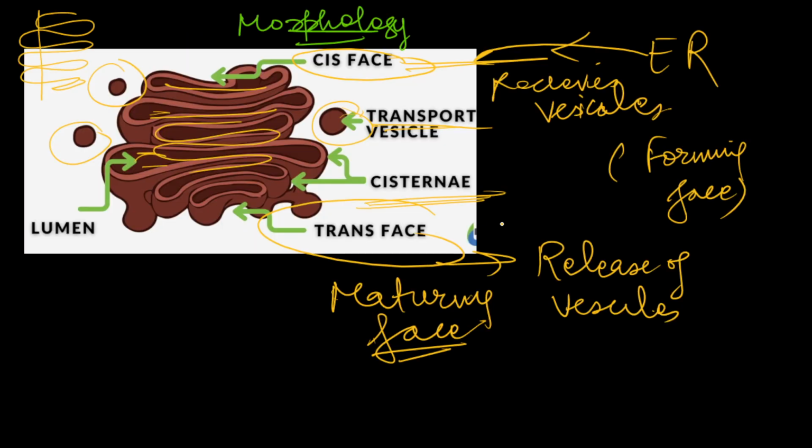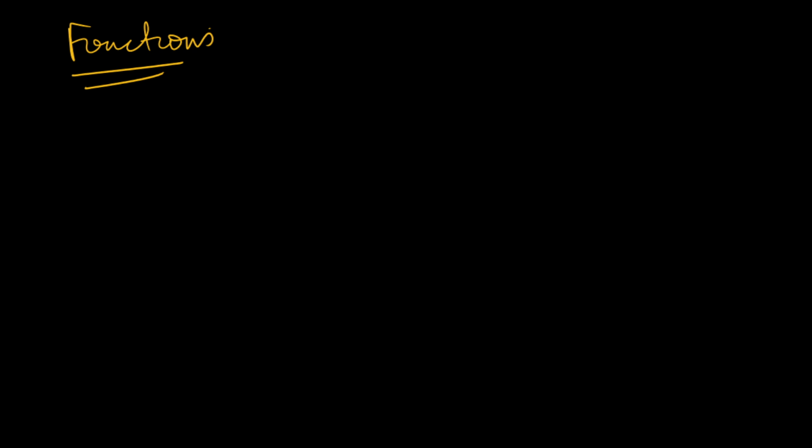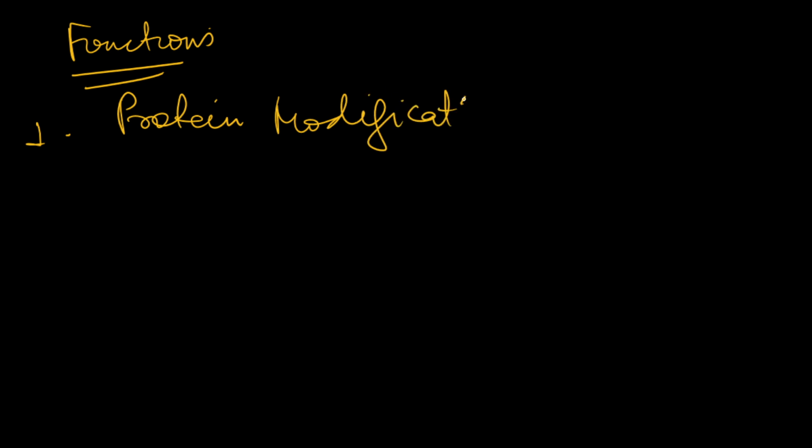Now in the functions, we will see what functions Golgi body plays. We have discussed the forming phase and release phase. So what materials are formed and released? There is protein modification and sorting. It modifies the protein received from rough endoplasmic reticulum.